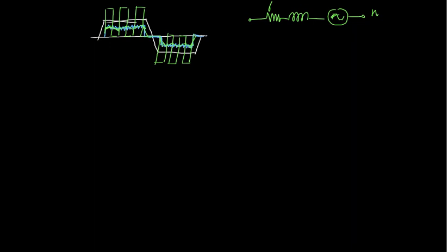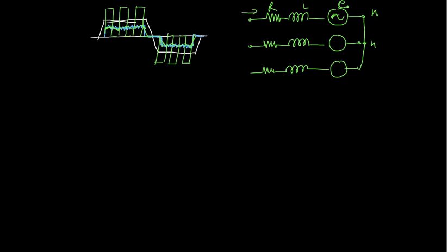This is R, L and E A. Similarly, there is another one. This is a representation of the motor. And what you are trying to do is inject the current IA. This is IB and this is IC.